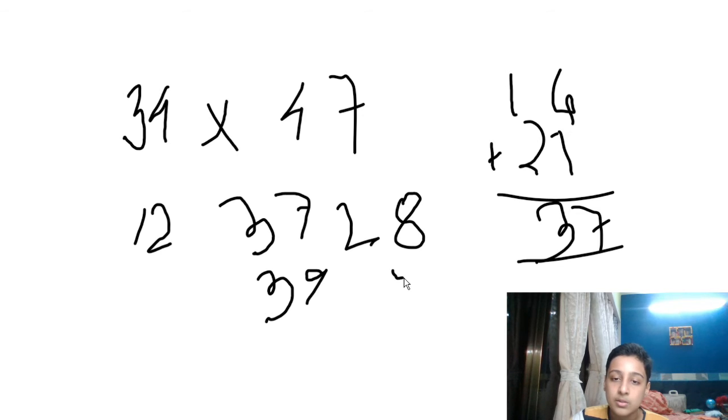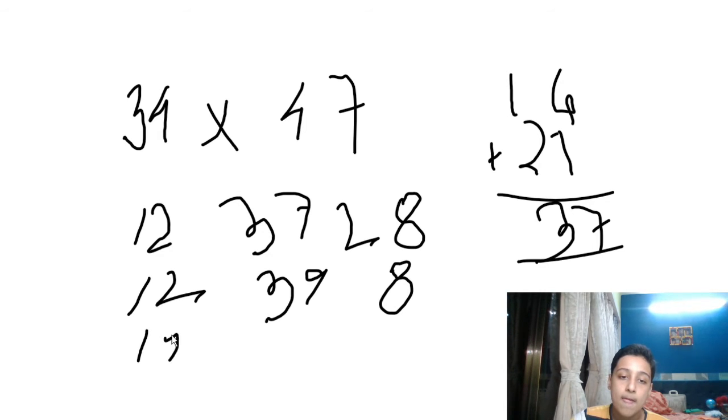This will become 8 because the 2 is gone, and 12. Now you have to add this 3 over here to 12, so it will become 15, 9, 8. So that is the answer.